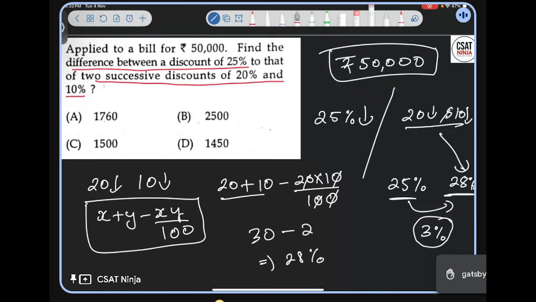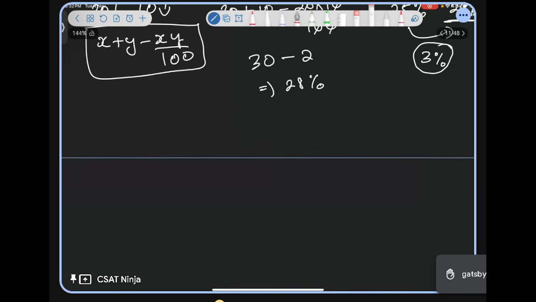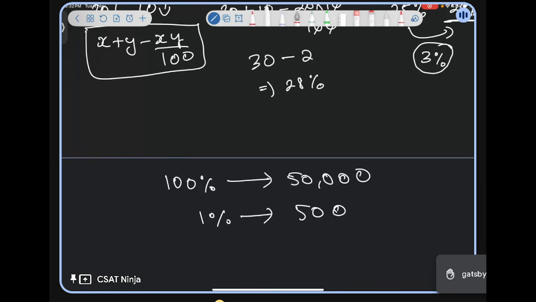Okay. So now, let me just insert one more slide. In our question, 100% is given as how much? 50,000. So 1% will be how much? 50,000 divided by 100. This is 1%. What do we need?